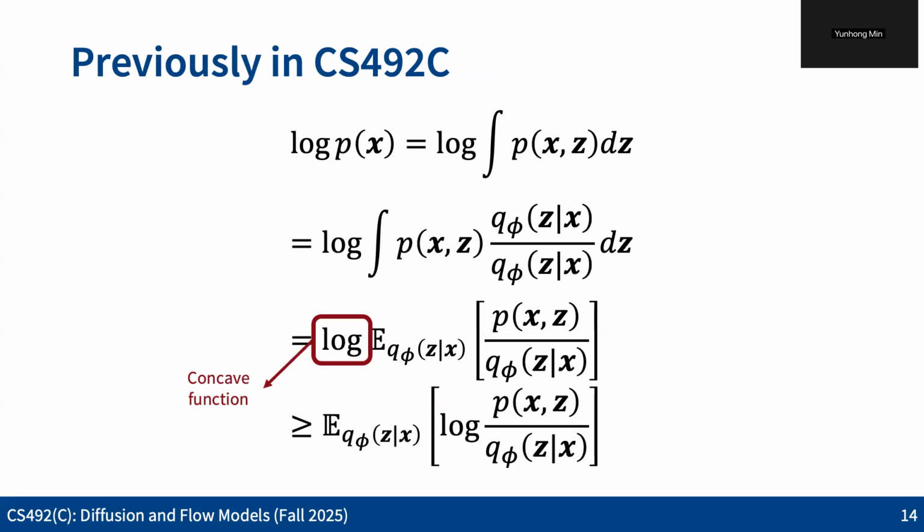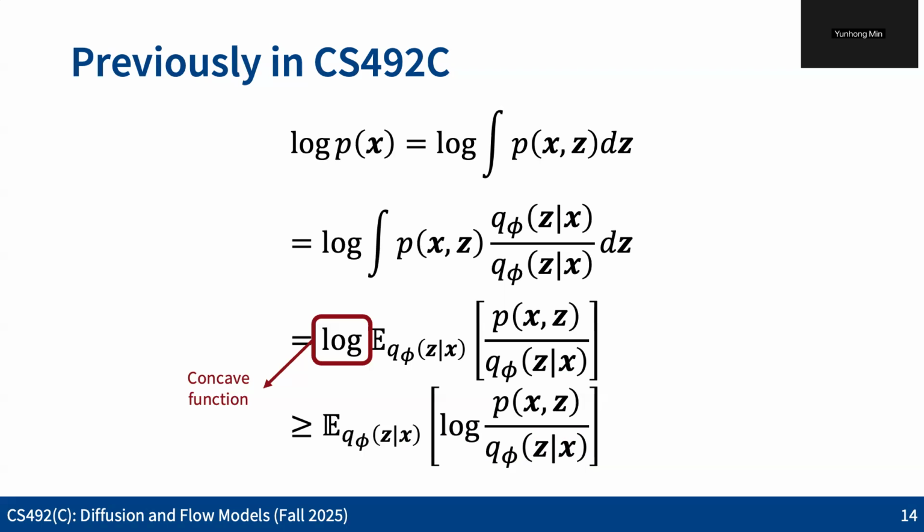But since we cannot directly compute the marginal distribution, we are going to introduce another neural network, which is this one. This is called the variational posterior, which is not exactly our posterior distribution. It's some sort of proxy distribution that plays the role of the posterior, but not exactly the posterior, in a way that we can compute the lower bound like this.